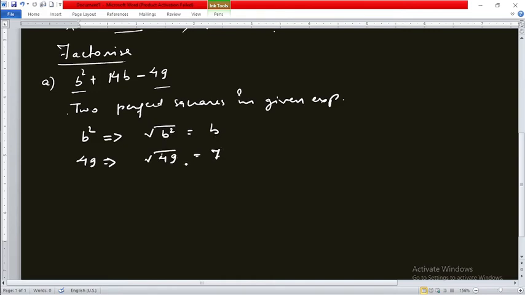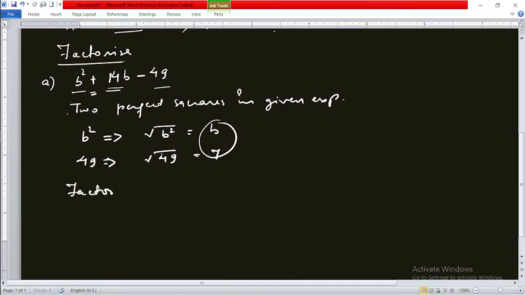Okay, now what do you have to do? You have to connect these roots with the sign of the rest of the term. Now the remaining term is 14b, and the sign of 14b is plus. This plus is to be used to connect these two. So your factor will be what?